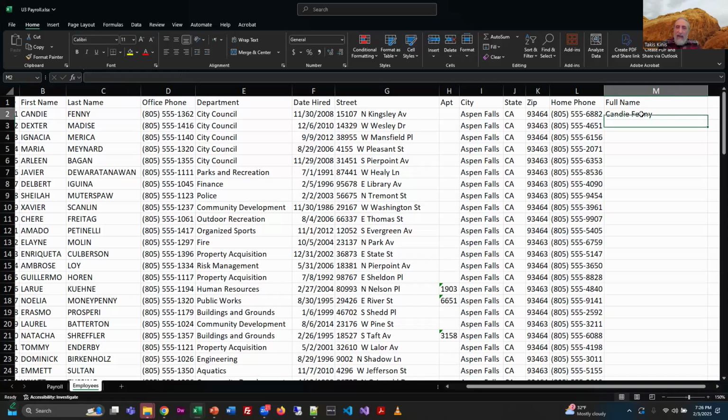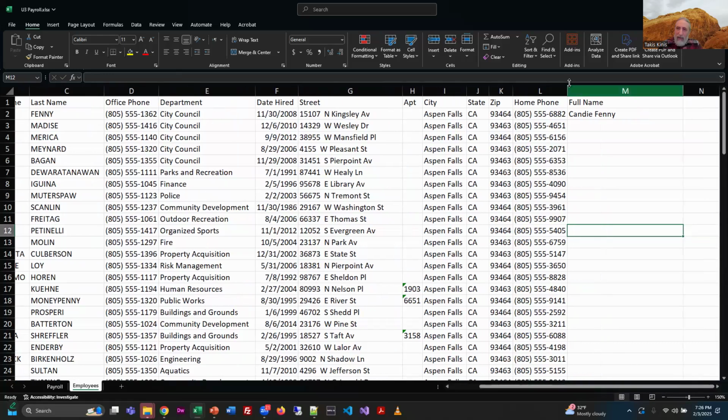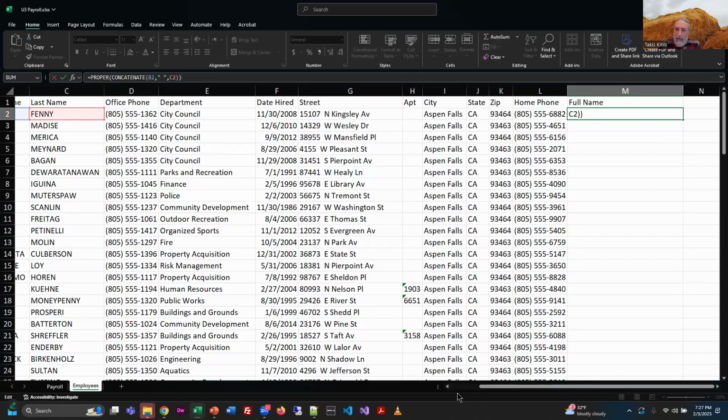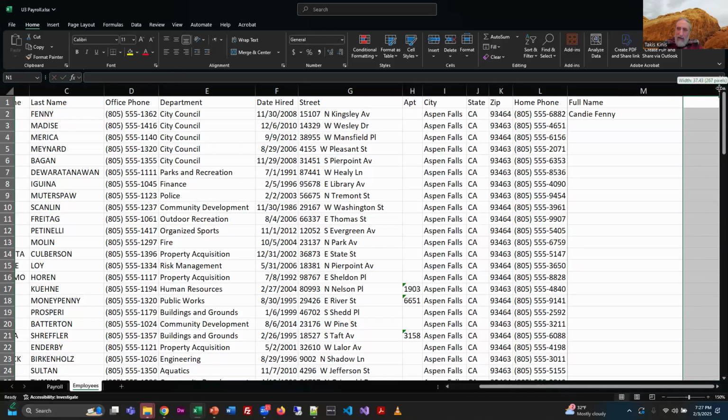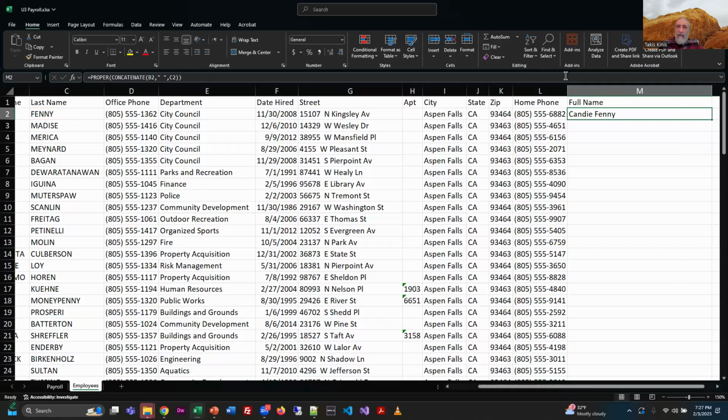Okay, so I'm going to click back in here so you can see the full formula. And of course, it doesn't fit, so let's make it a little wider. Slide over just a little bit, and let's try that again. There we go. So this is the whole syntax of it.